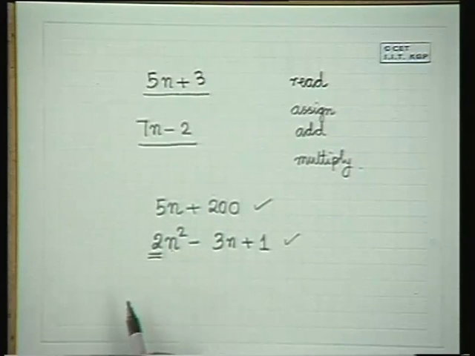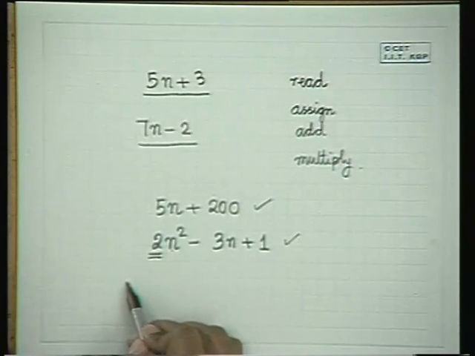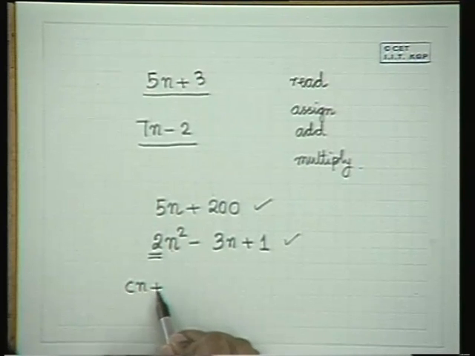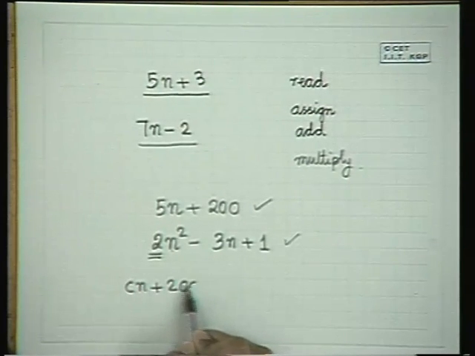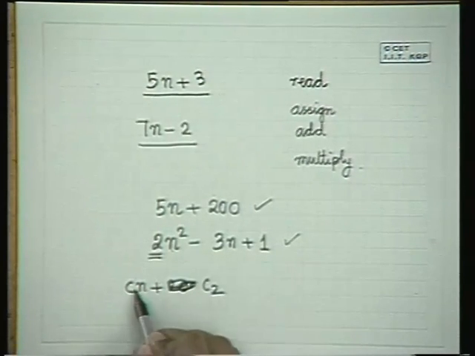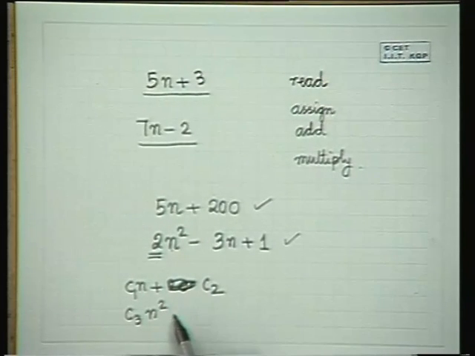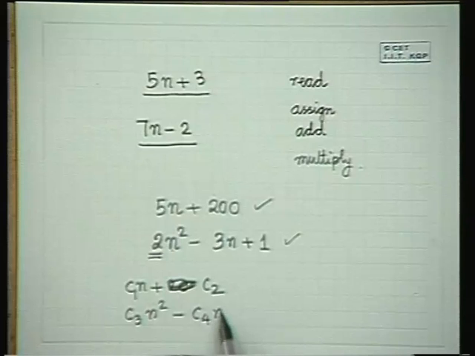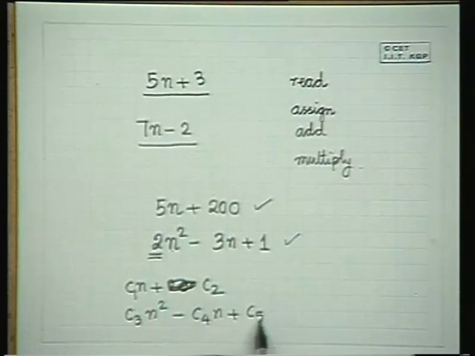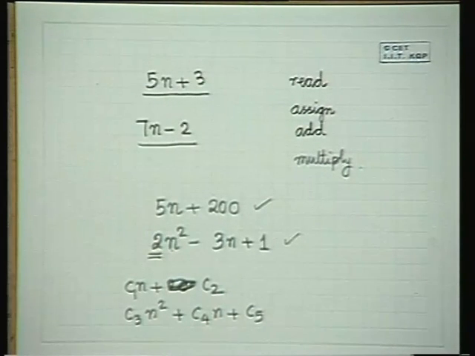That is, you can say that given C1n plus C2 and given C3n square minus C4n plus C5, say plus C4n plus C5.